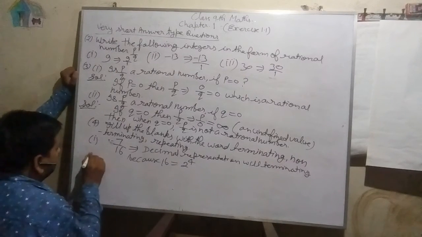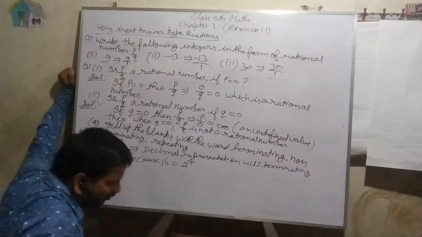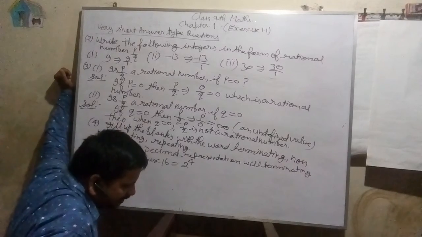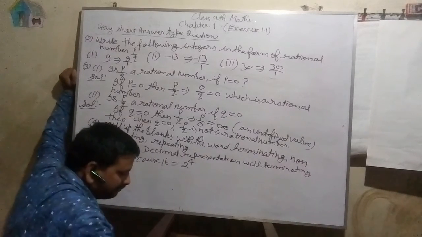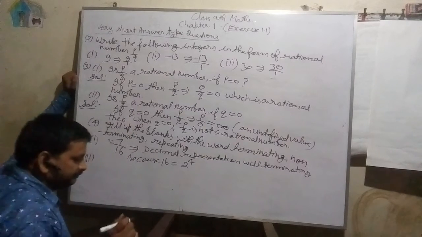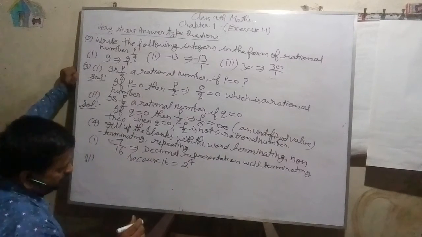And in second part, on changing 3/25 to a decimal, it will also be terminating.